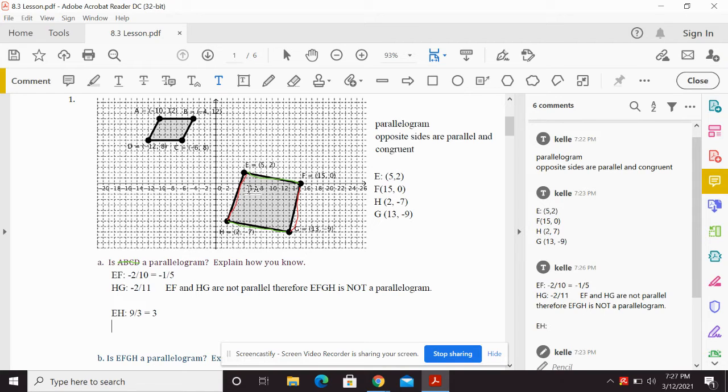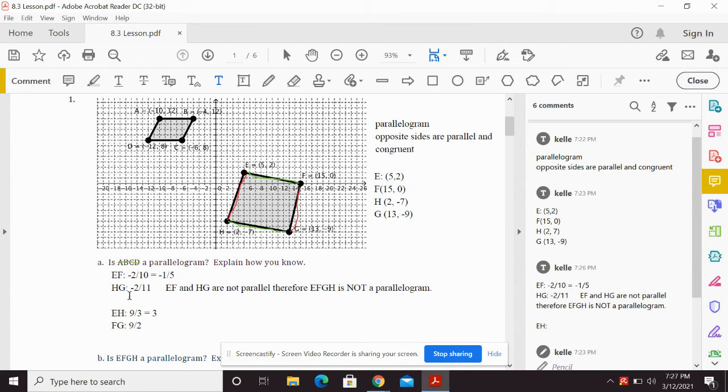Let's find the slope of FG. My change in y. Okay, well, I'm down here at -9, and I go up to 0, so that's +9 over my change in x. My x is at 13, and it goes to 15, so that's 2.